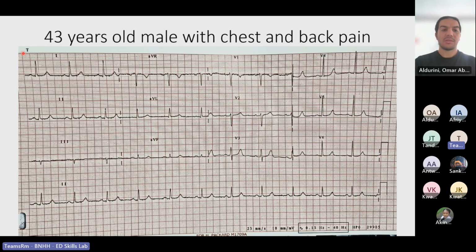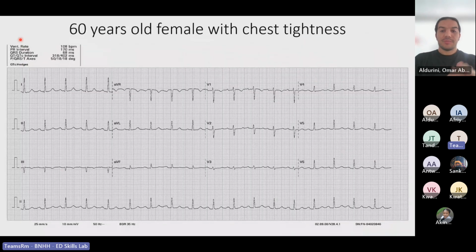Any questions about this young man? So let's go to the next case and someone can comment on it. Who would like to try?